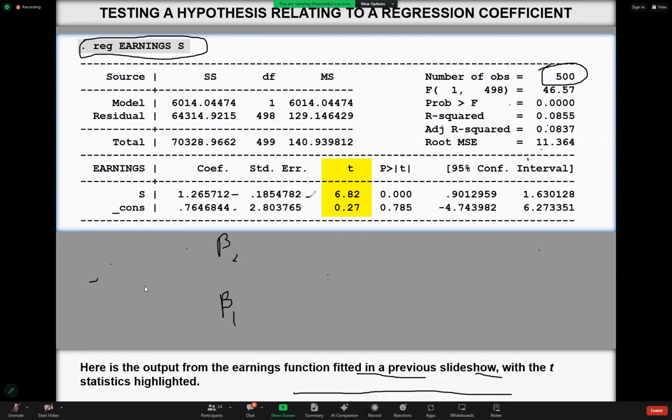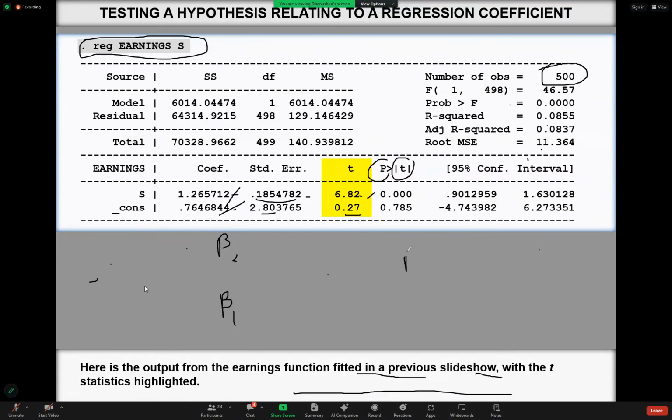Standard error is given here, t is given, t means this value divided by this. Then here you can see the p value. Actually, when we discuss statistics, we know the p value is the minimum level of significance where you can reject it.